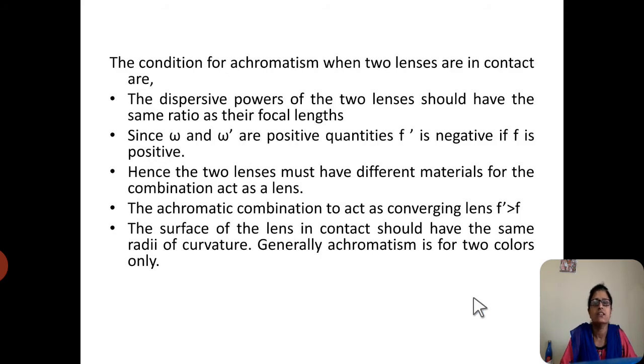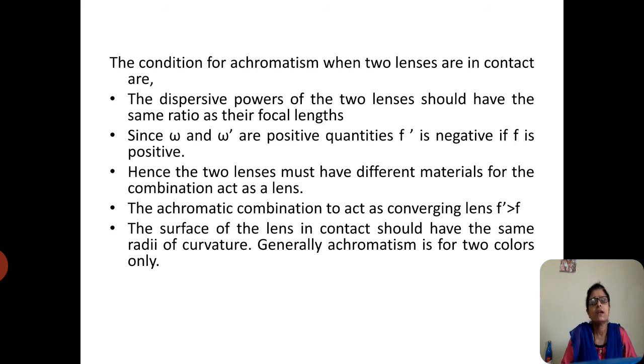So the condition for two thin lenses in contact is that the dispersive powers of the lenses should have the same ratio as their focal lengths.